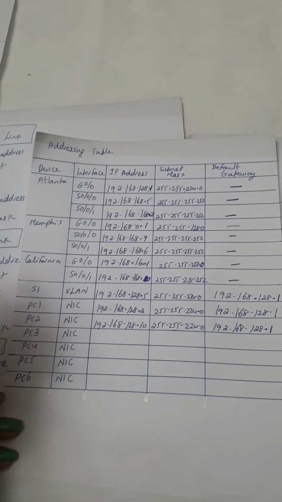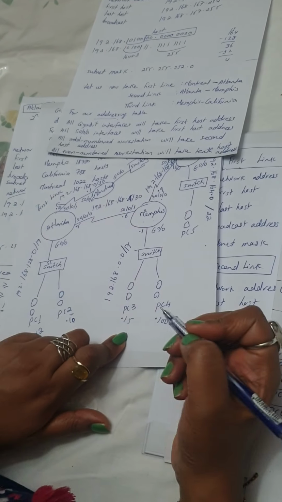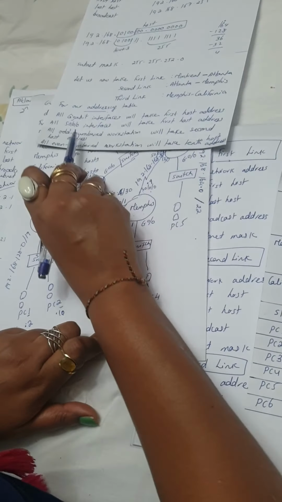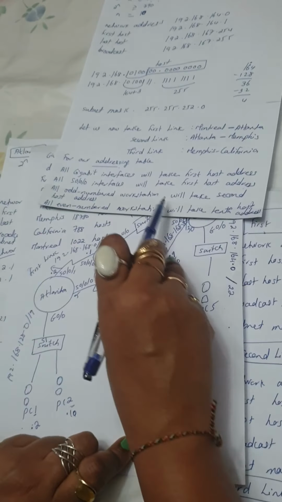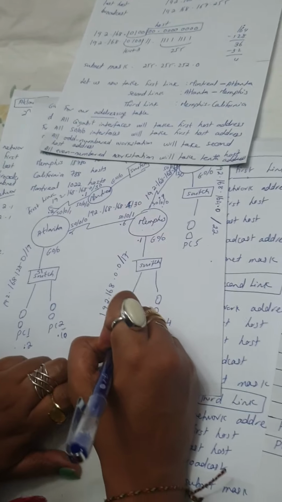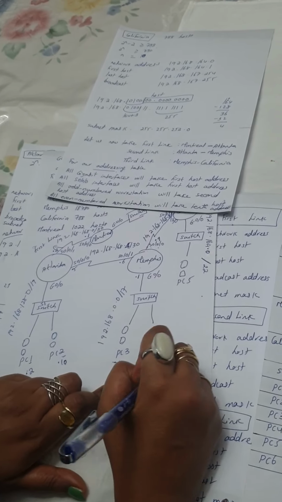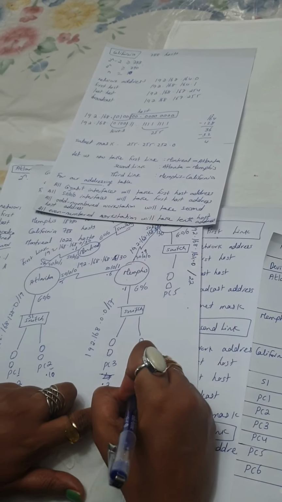Now for PC3. All odd numbered workstations will take the second host address. So in this case, it's .2. Here, even number takes the 10th, so .10.